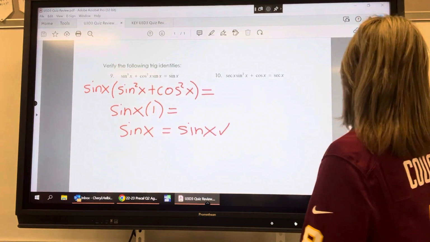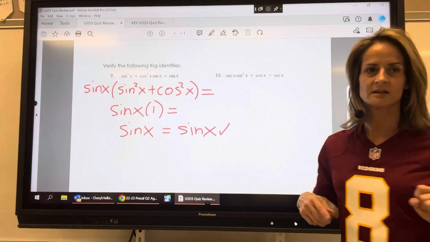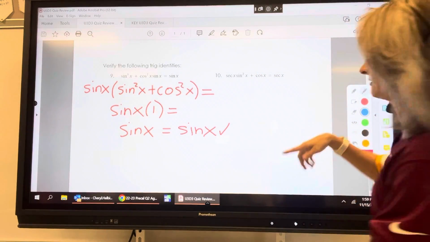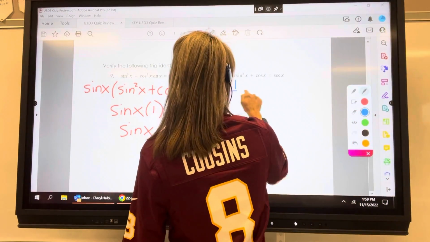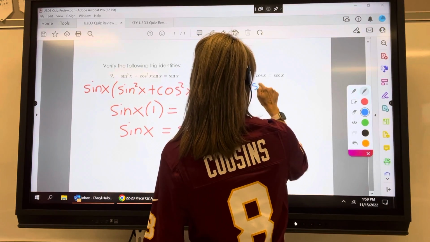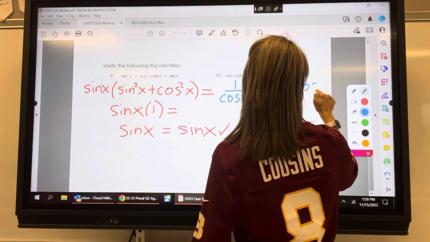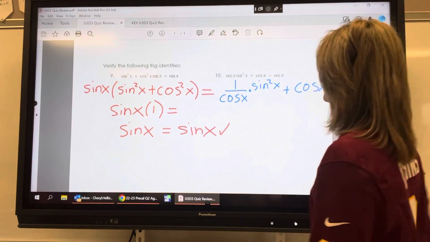All right, I'm going to move on to the last one. So first thing I'm going to do is rewrite secant, because I don't know, start there. 1 over cosine of x times sine squared of x plus cosine of x equals secant.